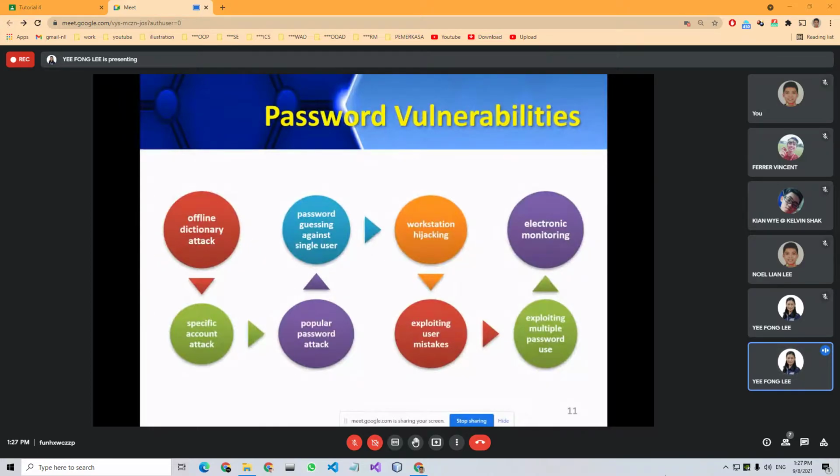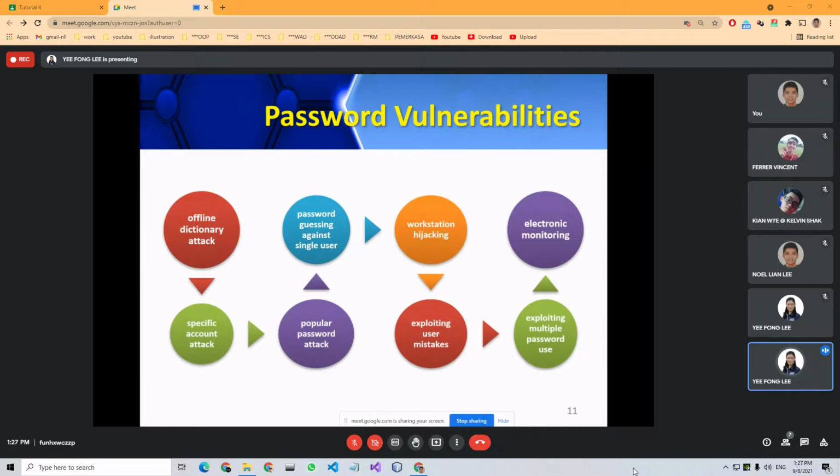So this, what is it? If they are able to access one device without authorization, multi-password here means some users try to use the same password for different devices.